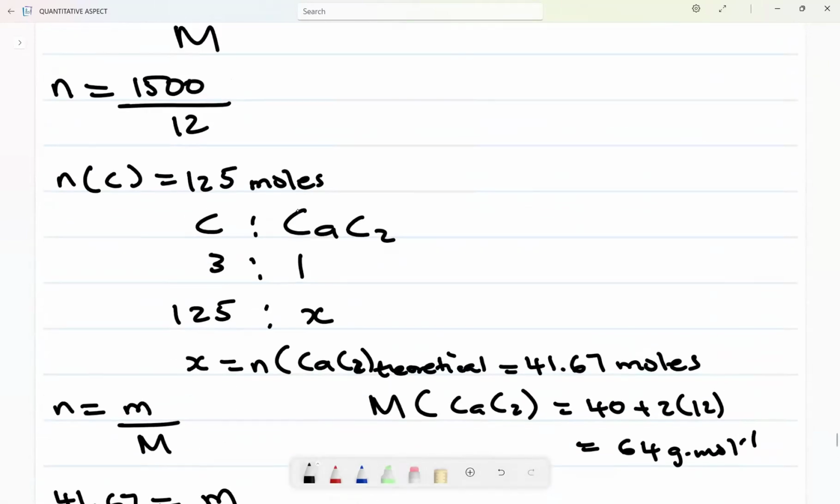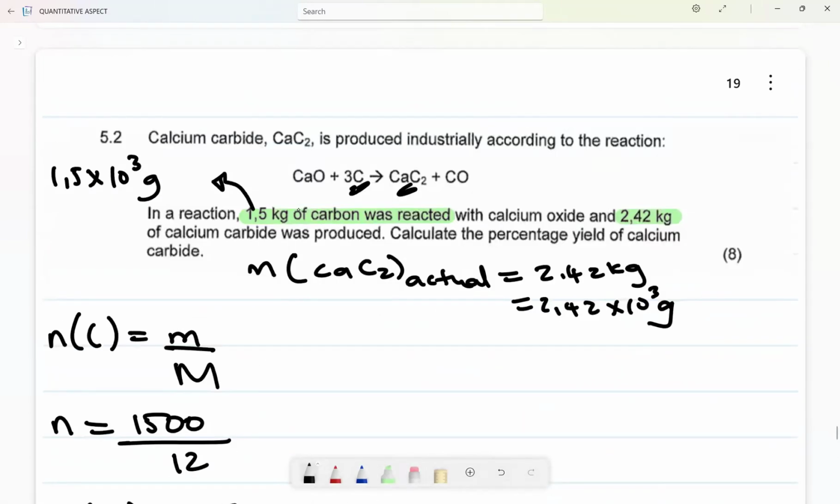What is the actual yield? The actual yield we were given as 2.42 times 10 to the power of 3, which is 2420 grams.